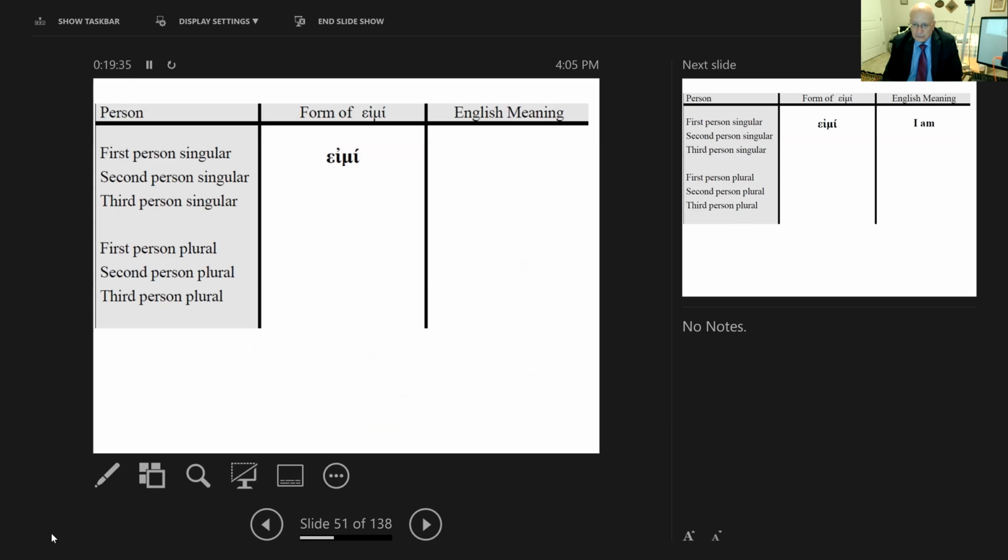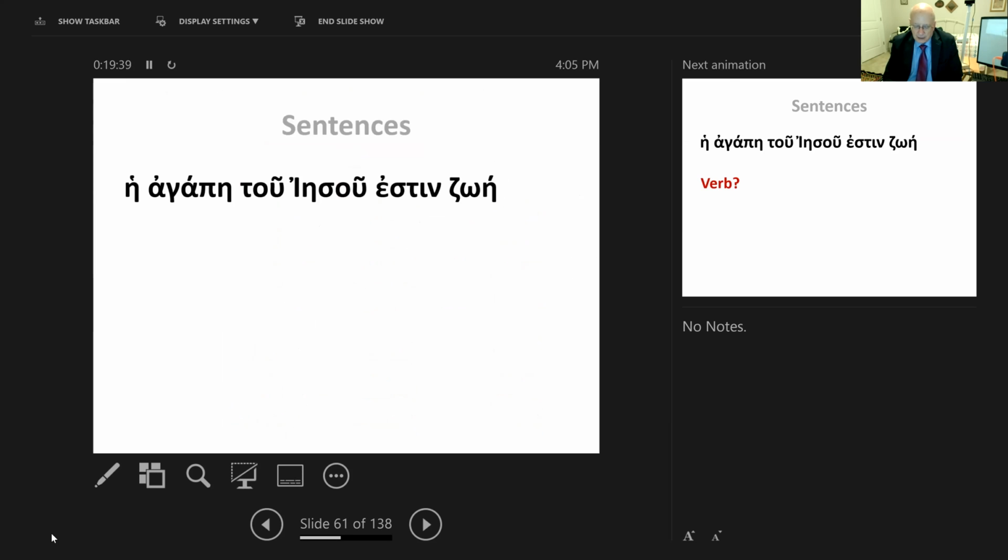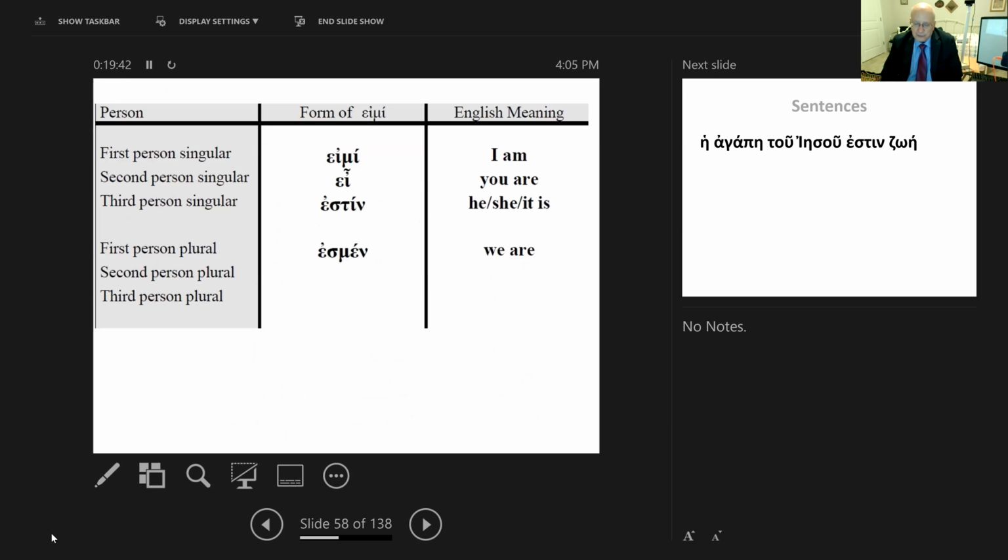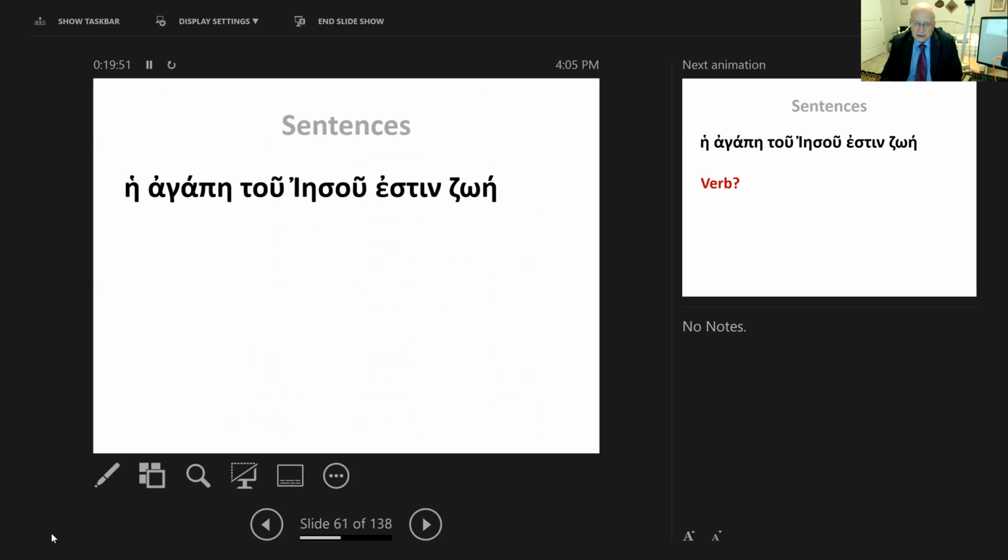Now, it's always worthwhile reviewing the verb eimi. So don't forget back from chapter 4, I am, you are, he, she, it is, eimi, estin, esmen, we are. But let's look at a sentence briefly. Hē agapē tou Iēsou estin zōē. First thing I do is look for the verb. Find it? Yes, I will.